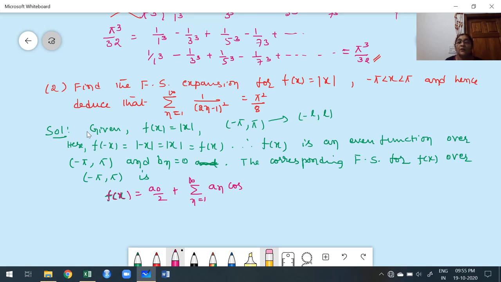To write that, first you have to know the value of L. Here the given interval is minus pi to pi, and the general interval is minus L to L. Comparing the upper limits on both sides, we get L is pi.